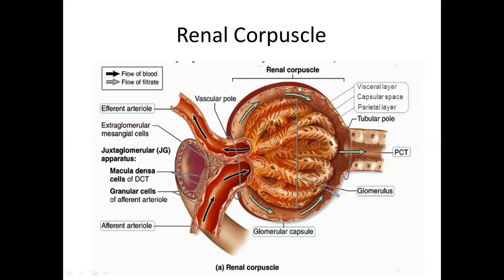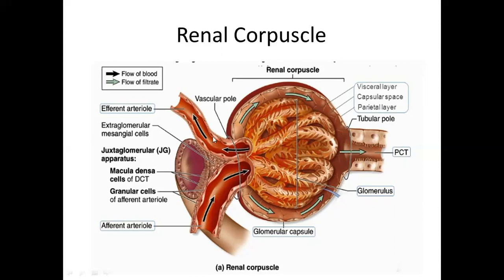So within this renal corpuscle, we have to identify the tuft, the parietal layer, the capsular space, vascular pole, tubular pole or urinary pole. Urinary pole is the part of this cup which is now continuing into the proximal convoluted tubule.